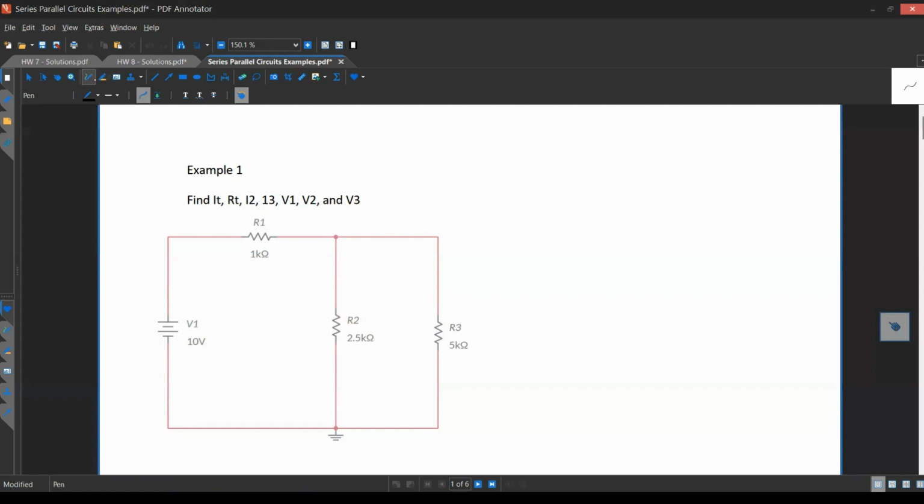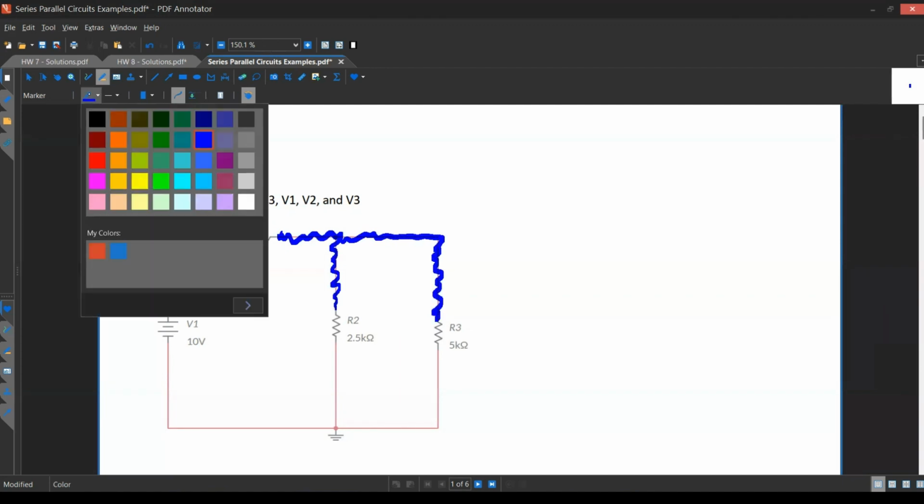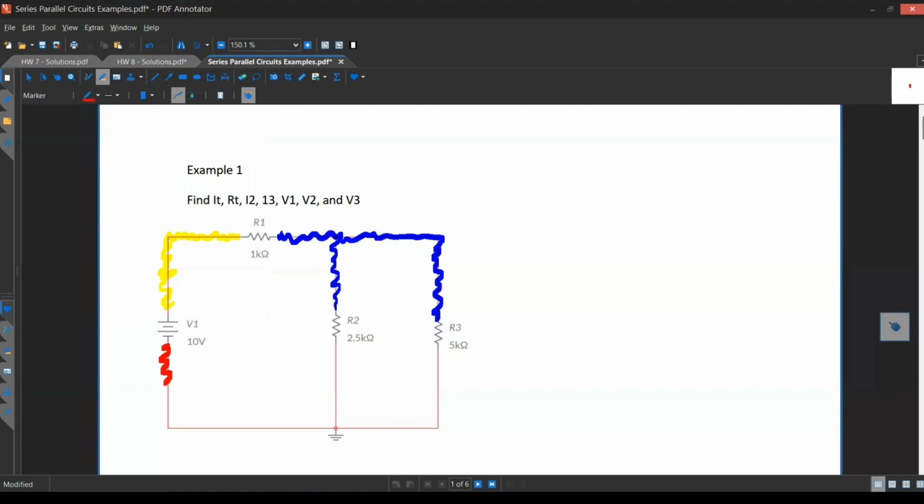And so if we go about the whole highlighter method, we can see that we have three nodes, because we have three colors. So we got a yellow node, a blue node, and a red node.